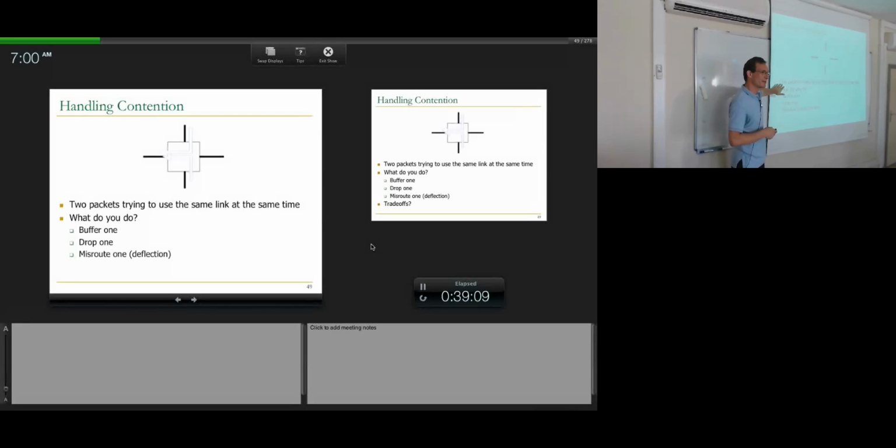There are actually three fundamental ways of handling this, I think. One is you can buffer one of them. You can drop one of them. Or you can misroute one of them. Misroute meaning send one of them to a destination it doesn't want to go to. Right? And I think these decisions have been overwhelmingly considered for the first one.